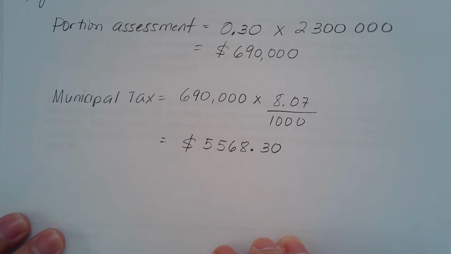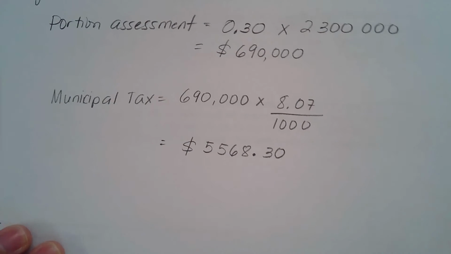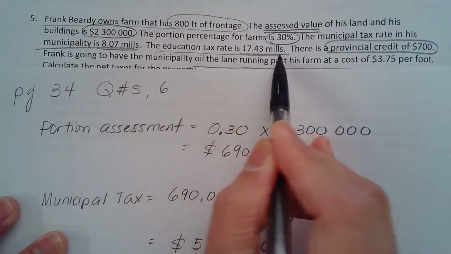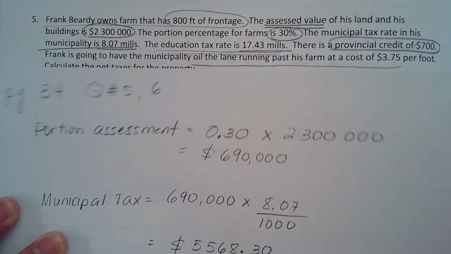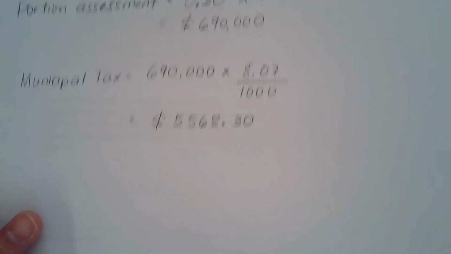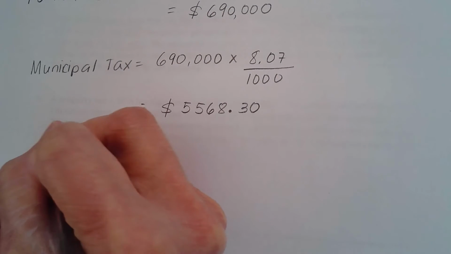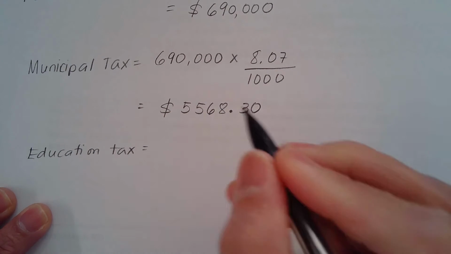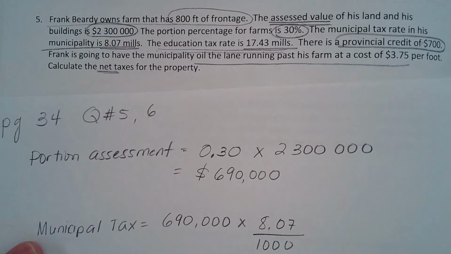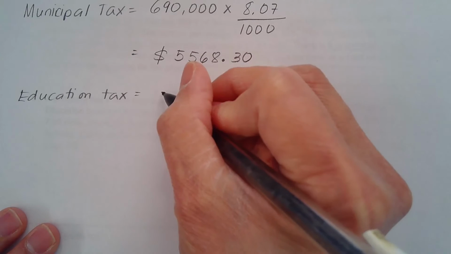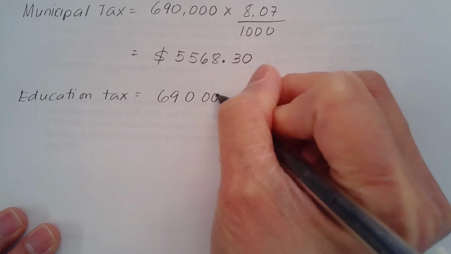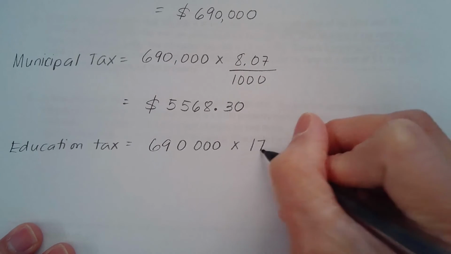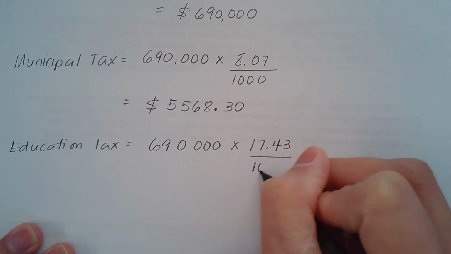Now that we've done the municipal tax, we also have to do the education tax, because the education tax is also a mill rate. They told us the mill rate, so let's calculate how much that is. The mill rate is 17.43. Again, assessed portion 690,000 times the mill rate of 17.43 per thousand.